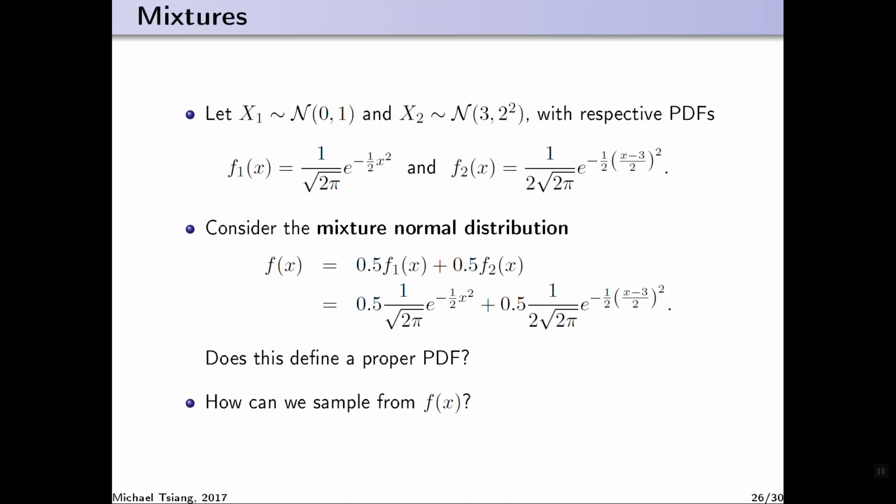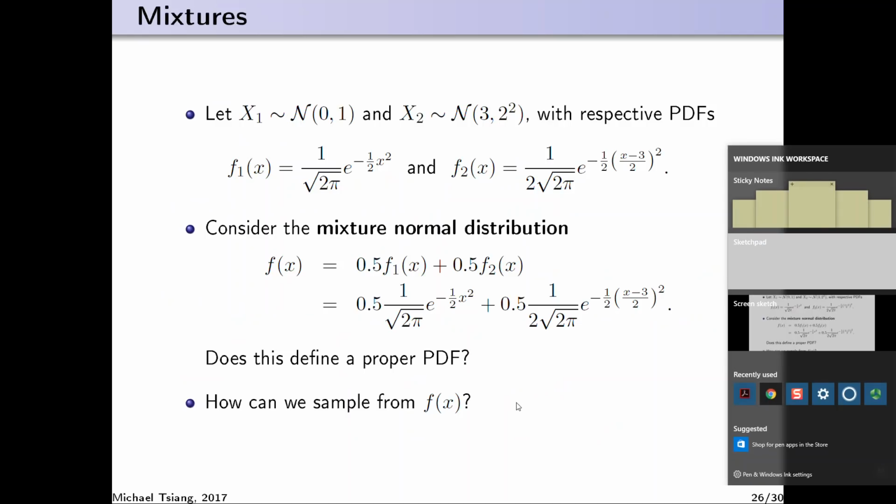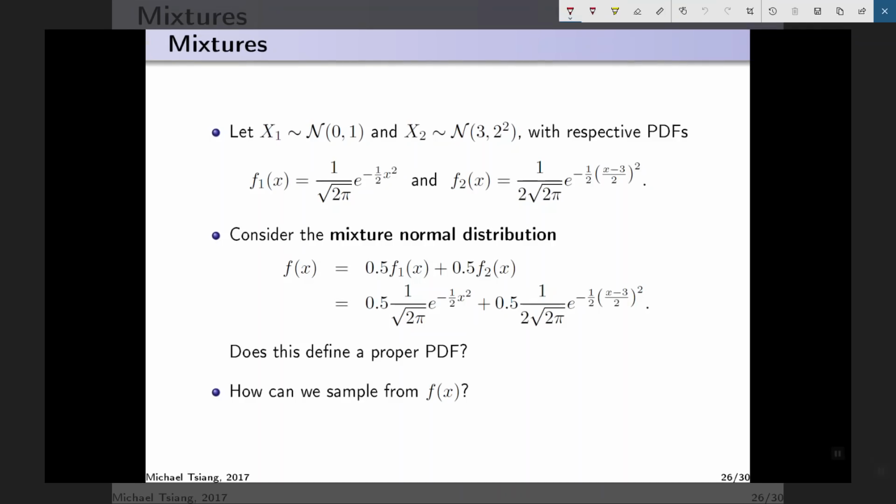And lastly, we've got mixtures of distributions. Let me screen sketch here. You might have some normal distribution centered at 0 here, and then over here a normal distribution centered at 3 with variance 2 squared.